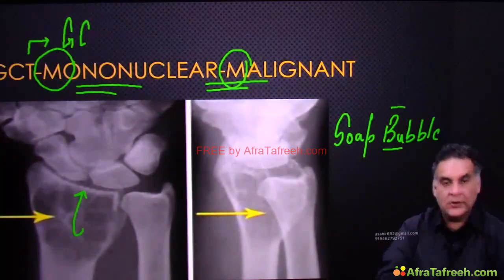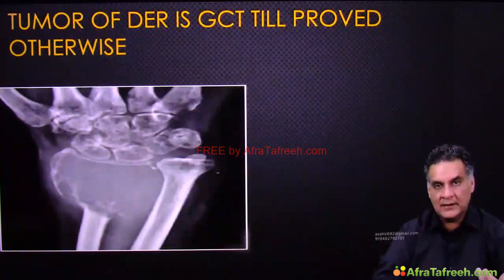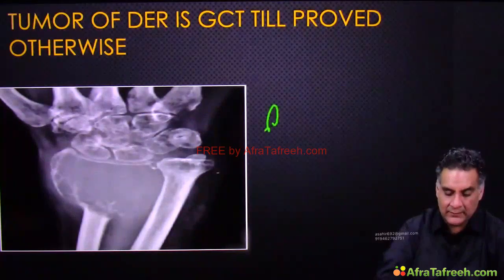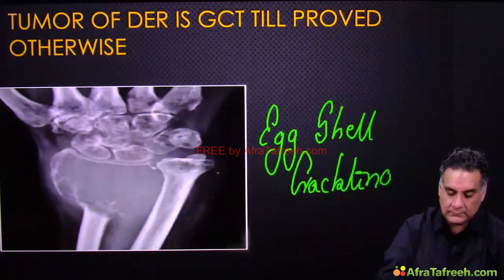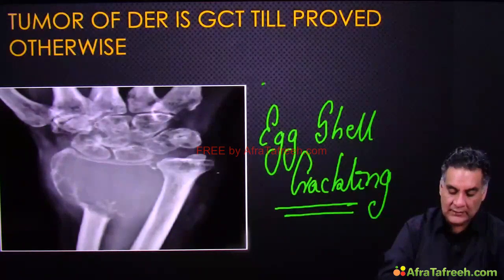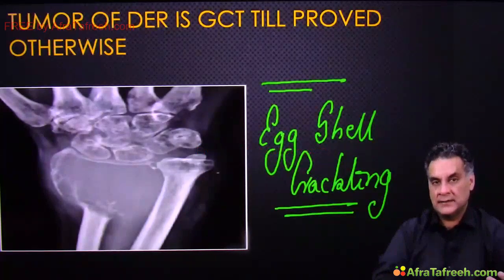Giant cell tumor enjoys eating the bone. That's why when you handle it, it's so soft, it crackles. Called egg shell crackling.